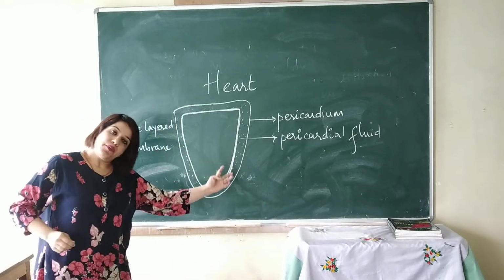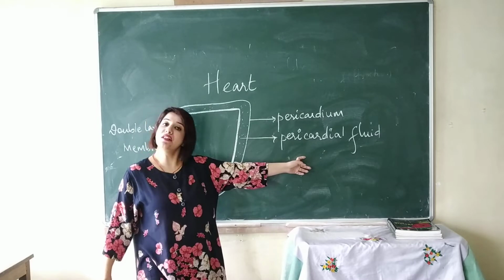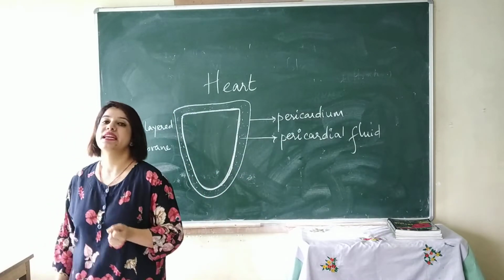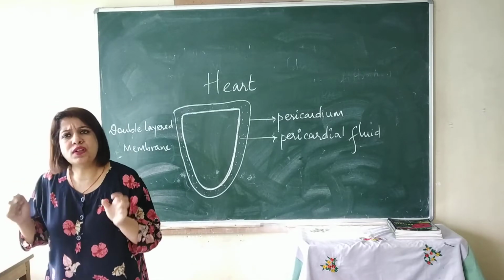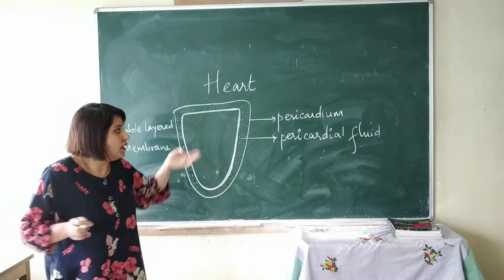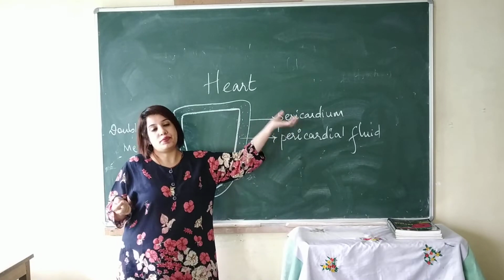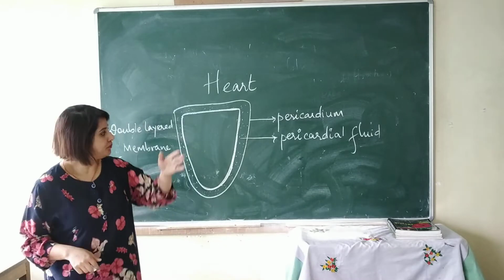This pericardial fluid also protects the heart from mechanical shocks and injuries. That means when we fall down, we don't damage or injure our heart. Why? Because of this pericardium and the pericardial fluid. They protect the heart from mechanical shocks and injuries.